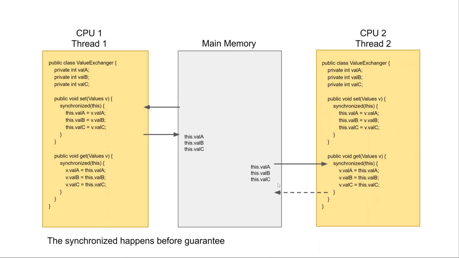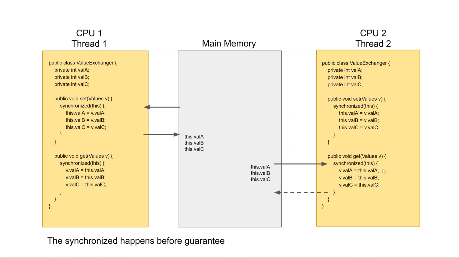Similarly, for reads, the entrance to a synchronized block that happens before a read of a variable is guaranteed to remain before any of these reads to variables that follow the entrance of the synchronized block.